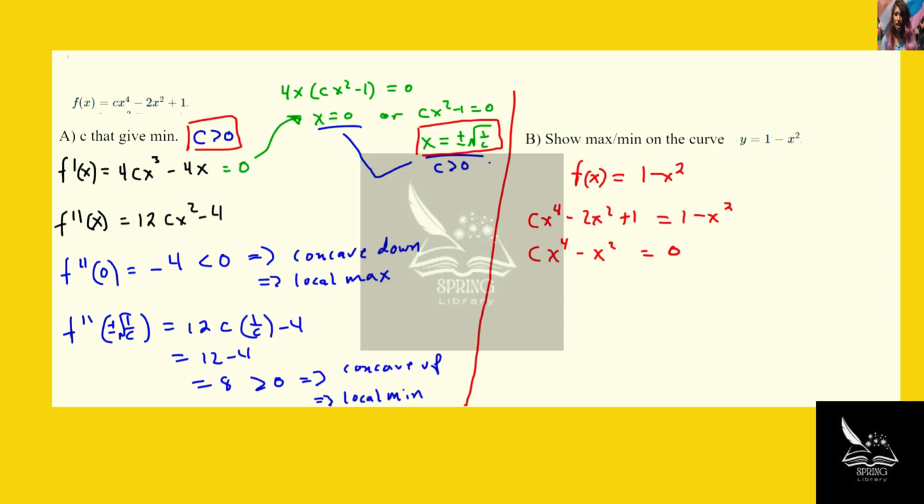Now let's factor out x squared. So we get x squared times cx squared minus 1 is equal to 0. And now this says either x squared is equal to 0 or cx squared minus 1 is equal to 0. Well, x squared is equal to 0 only when x is equal to 0.